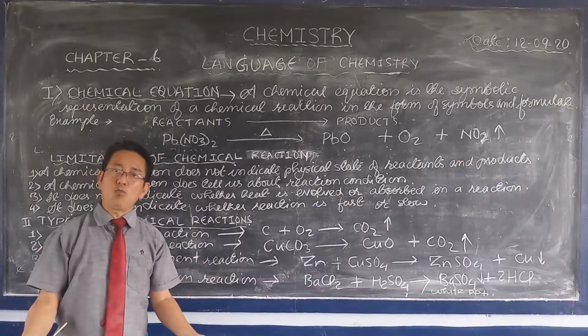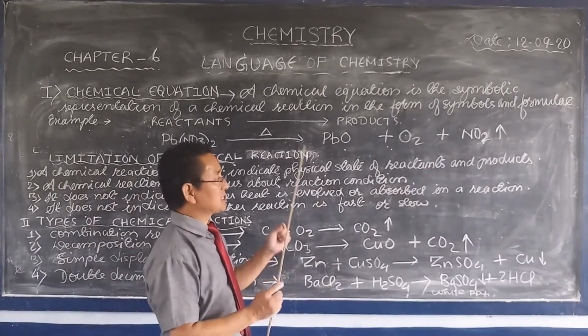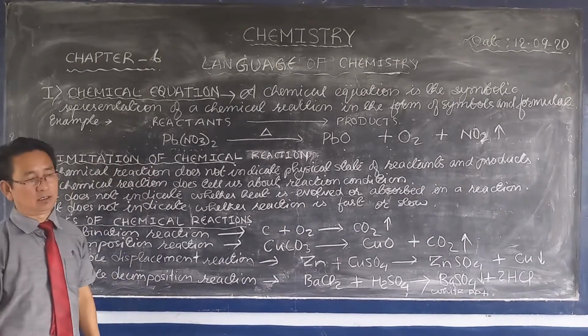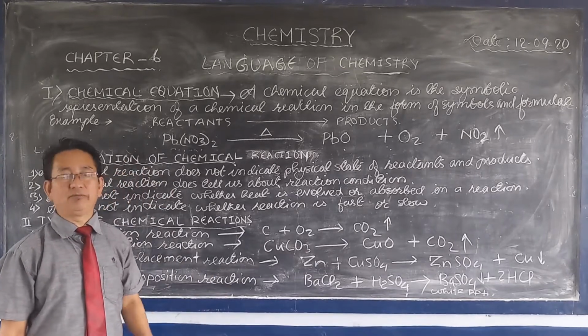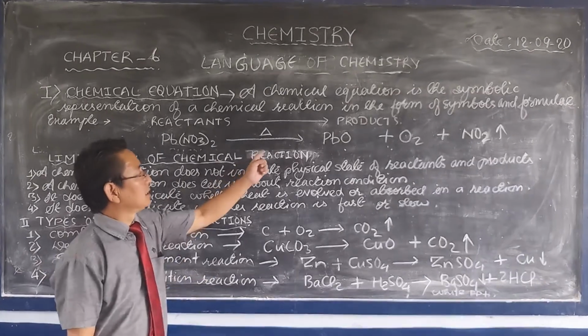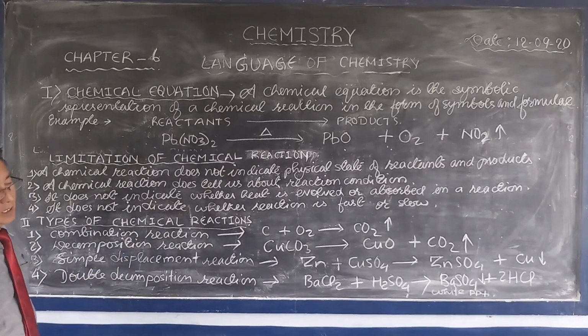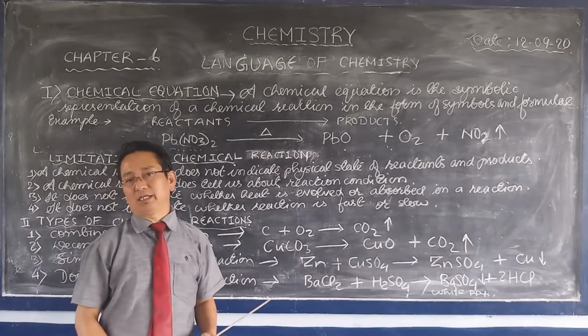If there are two or more reactants or products, we write a plus sign between them. And then the direction of the reaction can be shown by putting an arrow mark, as you can see here. So then we finally get the skeleton equation.